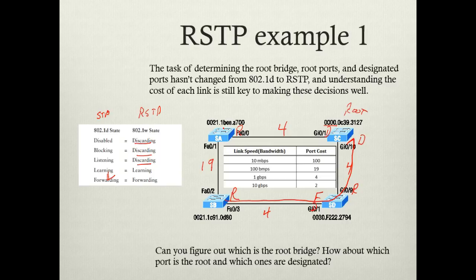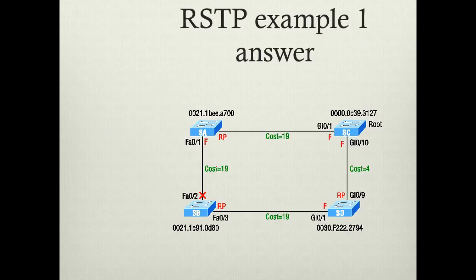We have 1A, 1B, 1C, so 1C is going to be the higher number. You could just go one at a time till you find a higher number, and that one should be the blocked port. So this one will still be forwarding. If anything goes down, it can take this path. It doesn't even use this connection here unless something happens to it.